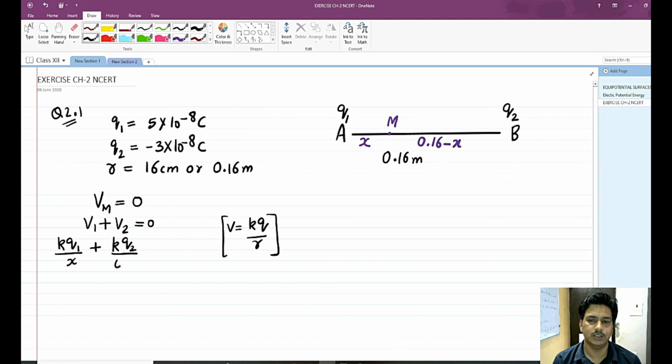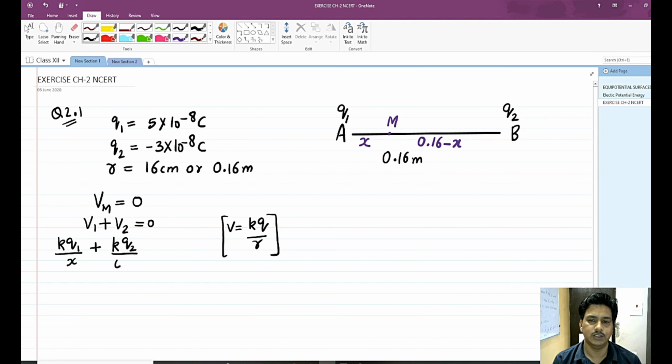So the value of Q1 is 5 into 10 to the power minus 8, and the value of Q2 is minus 3 into 10 to the power minus 8, into x. So 10 to the power minus 8 cancels with 10 to the power minus 8.